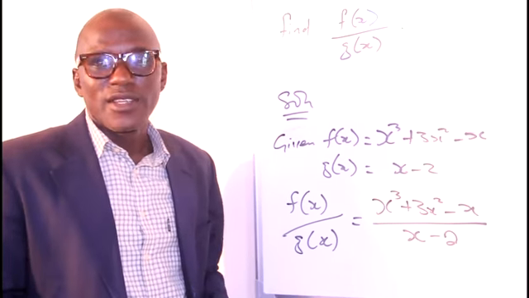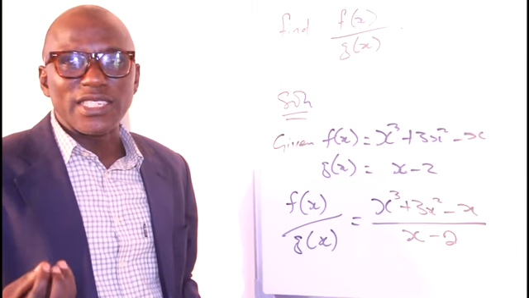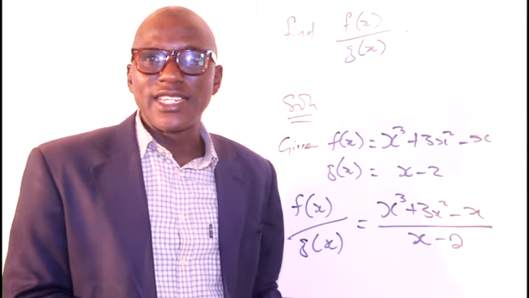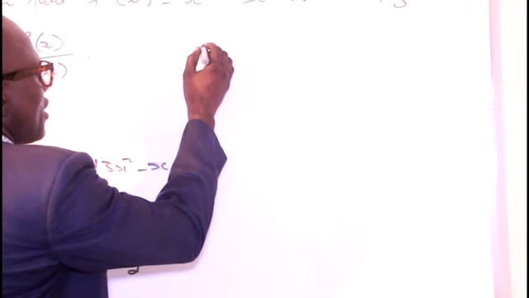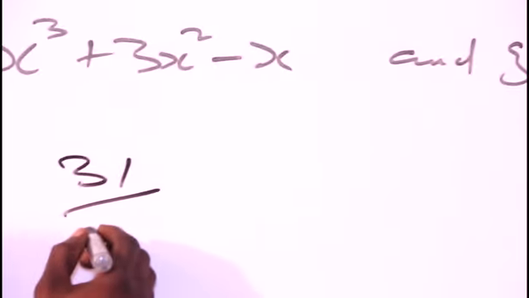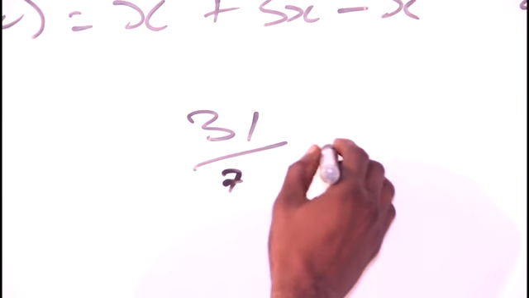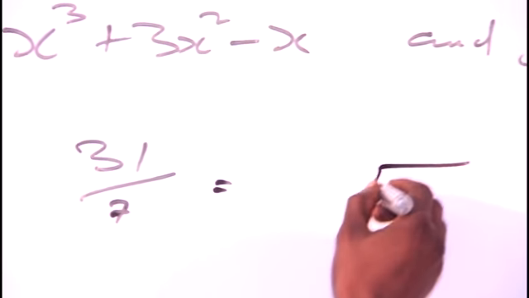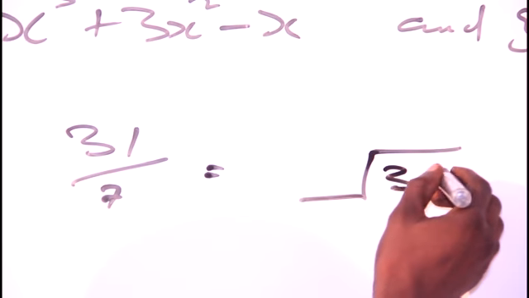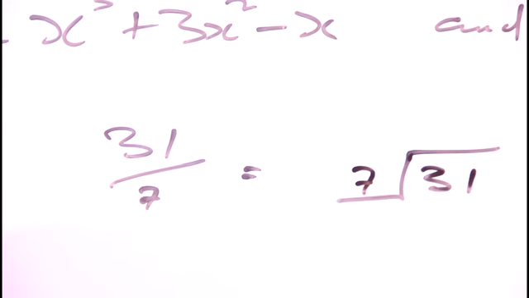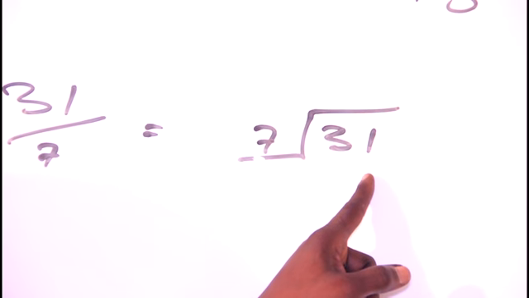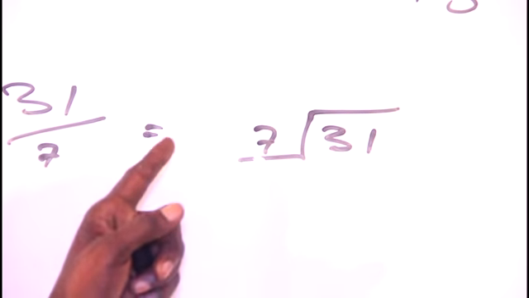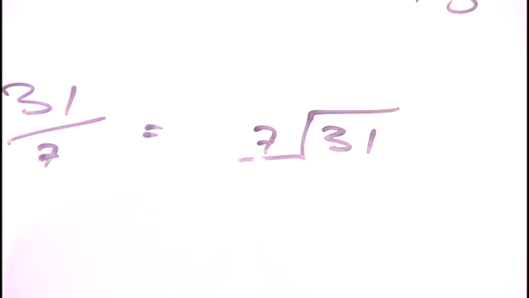So we can use the long division method to do that. Now let me give us a very simple recap from our elementary long division method. You know those days where you'll be given 31 divided by, let's say, 7. You put 31 here, then you have 7. Then you say 7 into 3 it cannot, then 7 into 31 will be 4.